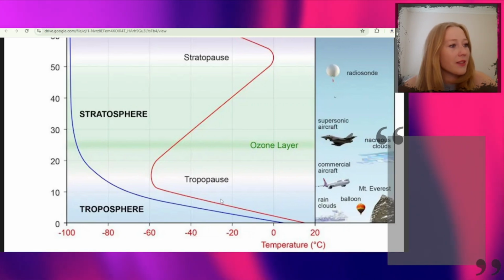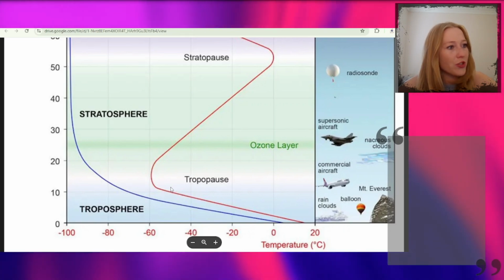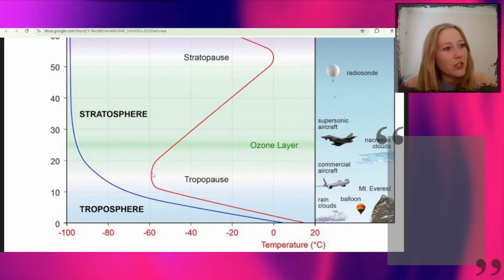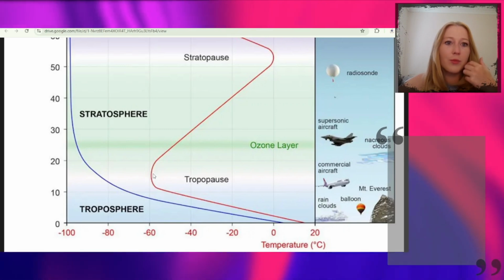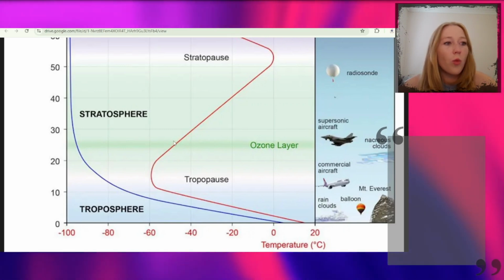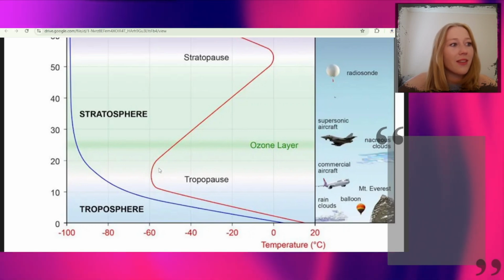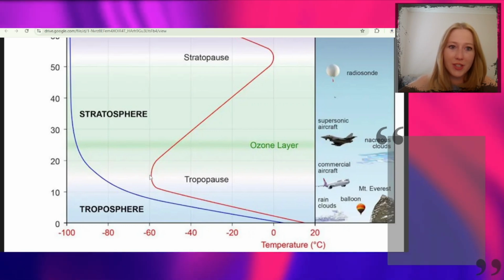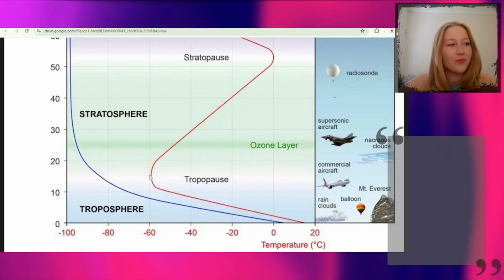So as altitude increases, the temperature decreases until it reaches about this point where it changes direction. And from there onwards, it gets warmer as altitude increases. That is where the tropopause is. So when it changes direction in temperature, we know that we've entered into the next layer.